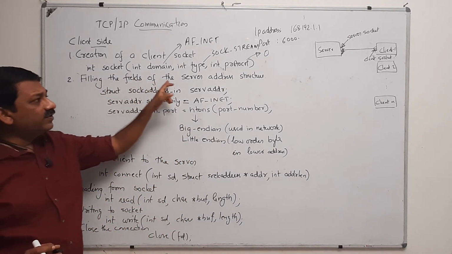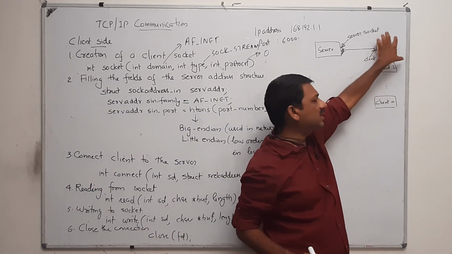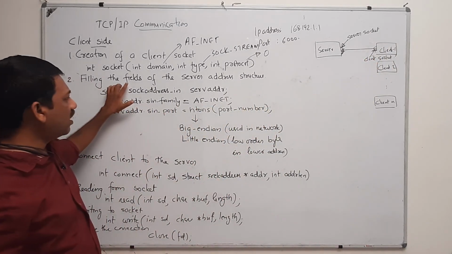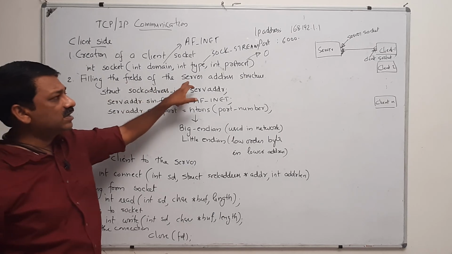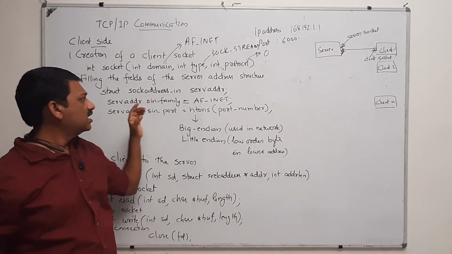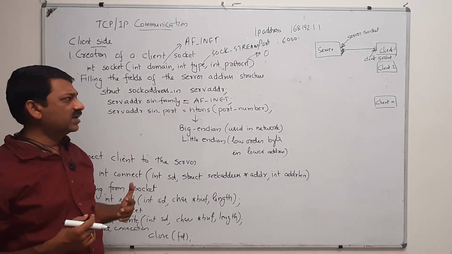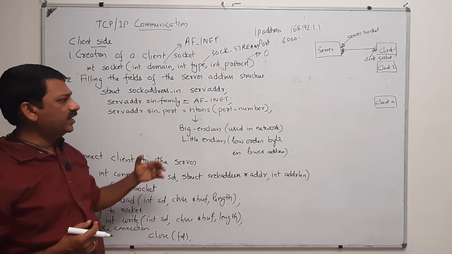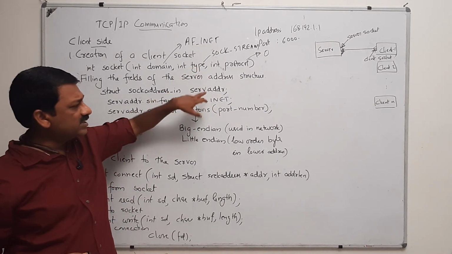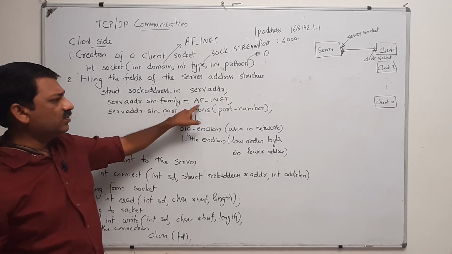Now we have to fill the fields of the server address structure. Here, this is the client side program. You are setting up the client side, but the second step you have to do is fill up the server address structure. The server address is a struct sockaddr_in, a structure with several fields you have to fill up, and here I am going to have an instance of that, which is server_address. Server_address.sin_family is equal to AF_INET.